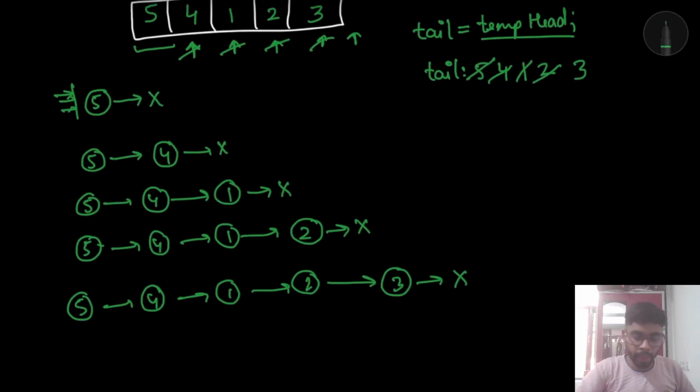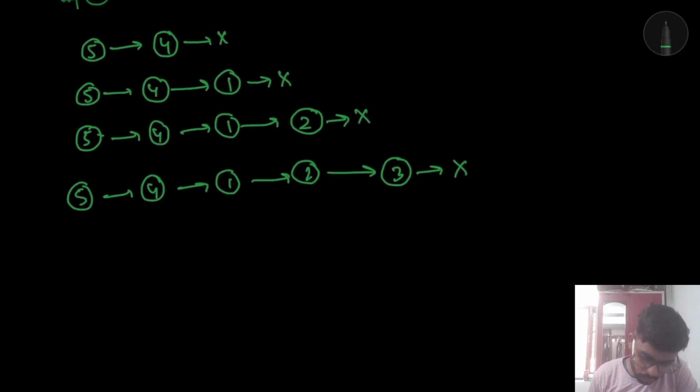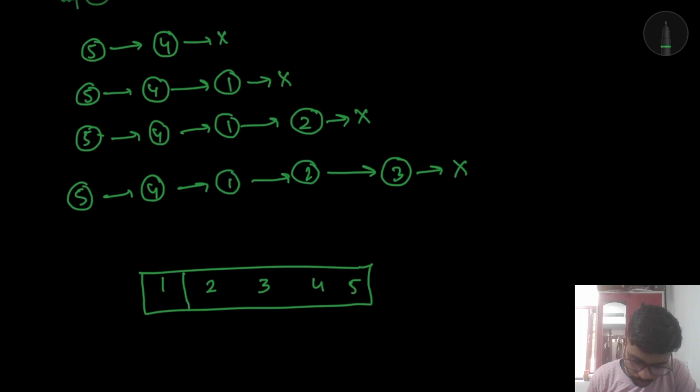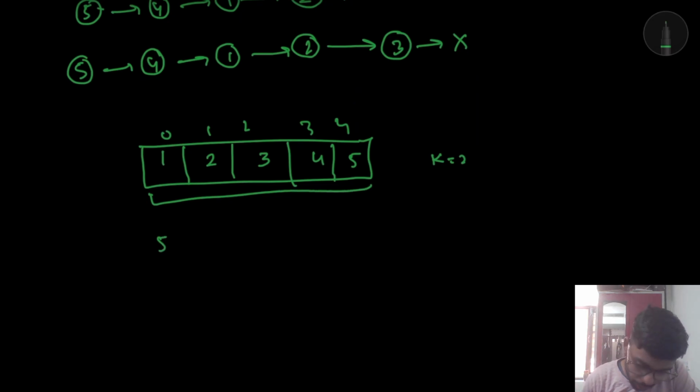There is one thing. Like 1, 2, 3, 4, 5. If I am rotating this with k equals to 2, what I did was, first of all, I reversed the entire array.